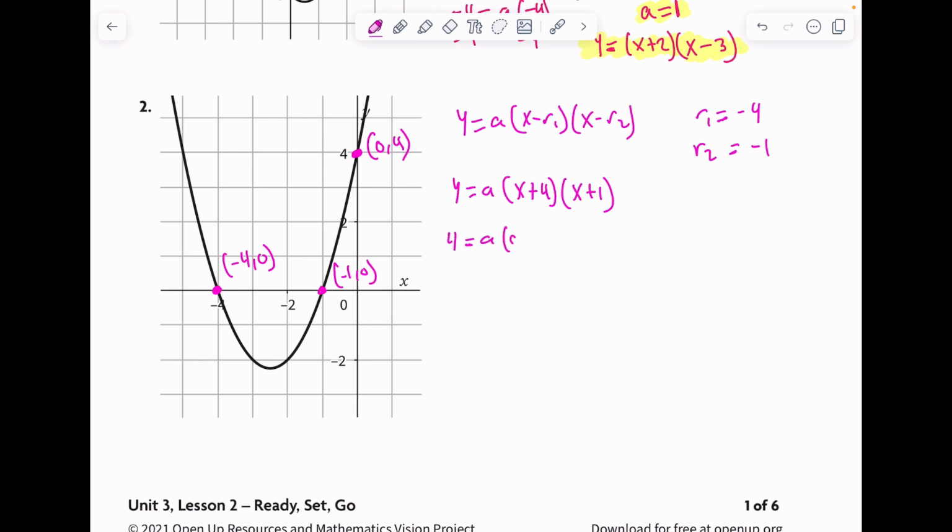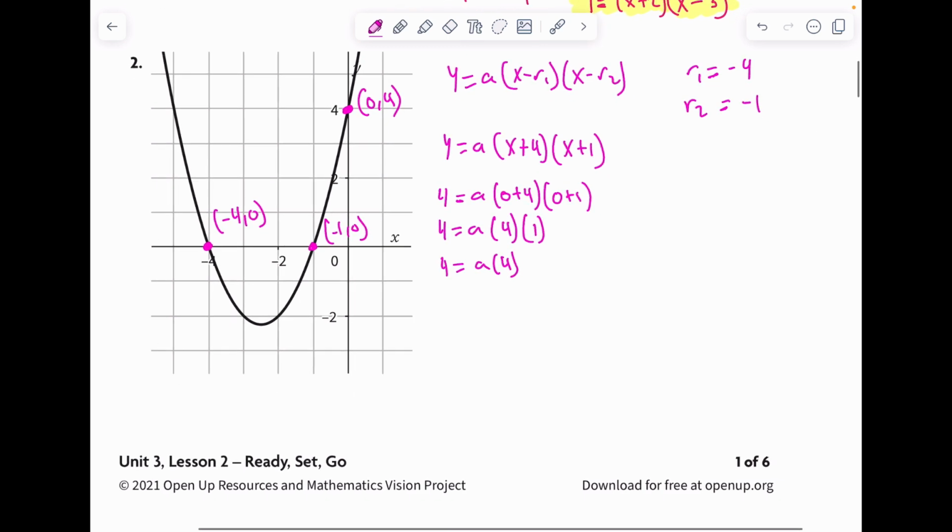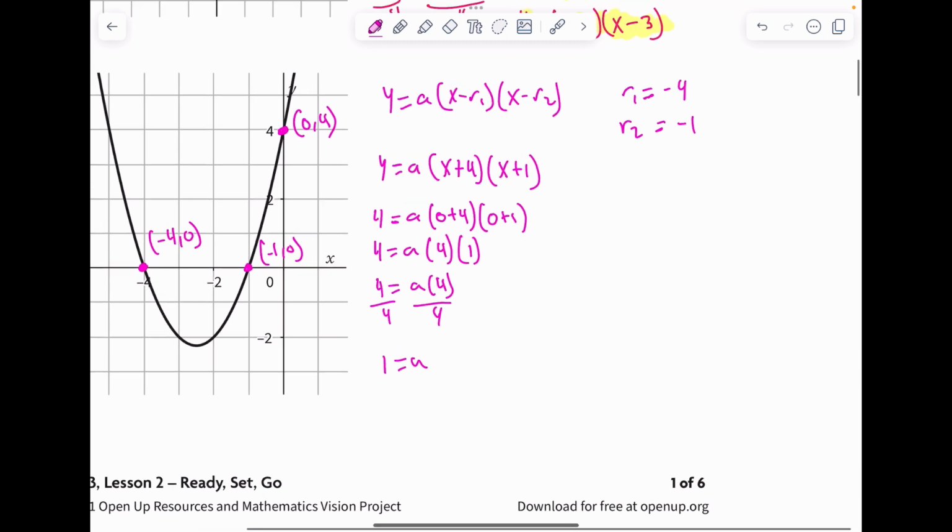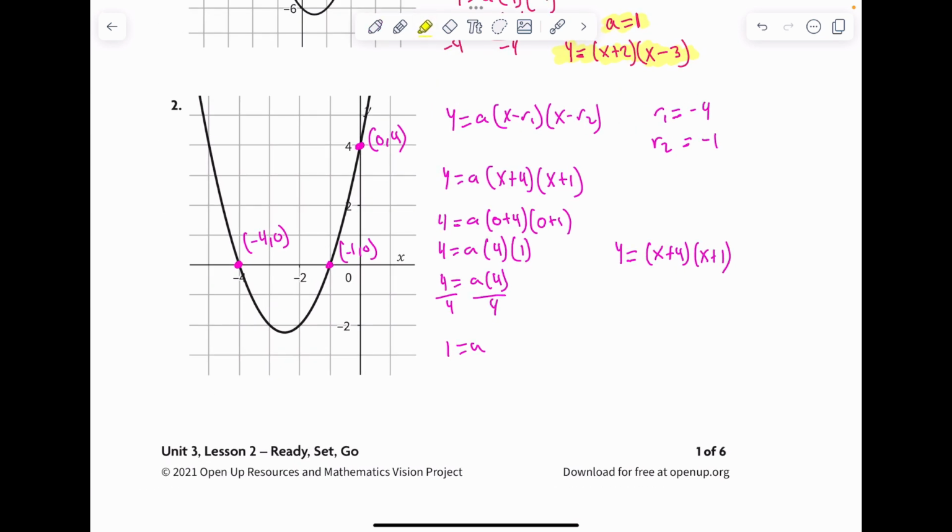My x is 0, so 0 plus 4, 0 plus 1, 4 is equal to a times 4, times 1, so 4 is equal to a times 4. Then divide by 4, 1 is equal to a. Okay, so my equation here is y is equal to just x plus 4, x plus 1. This is it, right here. Perfect.